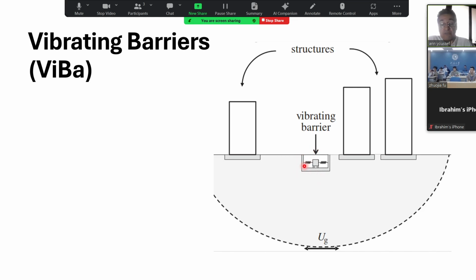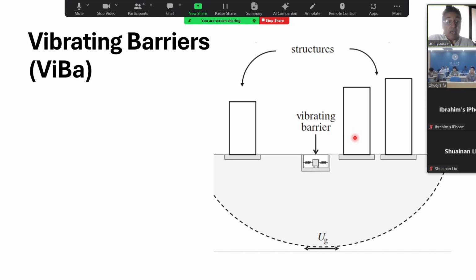The purpose of these vibrating barriers is to absorb the energy that comes from an earthquake. So instead of installing a damper system inside the building or the monument, we install something outside the building itself. This idea of vibrating barriers is very good for monuments or old historical buildings.